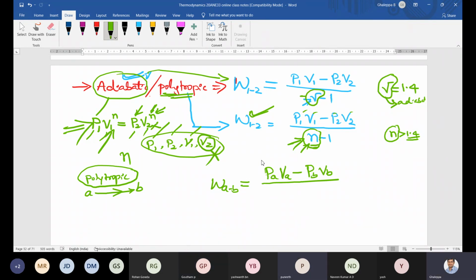What is n, sir? The polytropic index. Okay, my dear students, one more condition. The process is going from like this. Okay. Tell me.